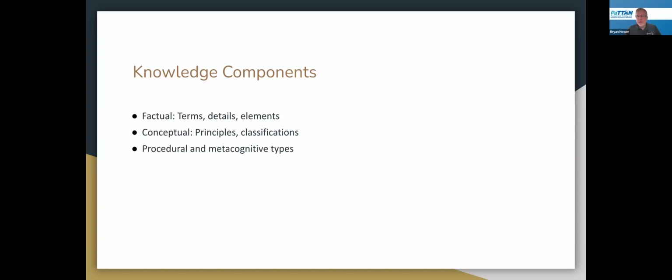Procedural knowledge includes methods, techniques, and criteria, like steps for implementing encryption or conducting a vulnerability assessment. Metacognitive knowledge includes strategic awareness and self-knowledge, like knowing when to apply different security approaches. Identifying these knowledge components ensures comprehensive coverage in your curriculum.